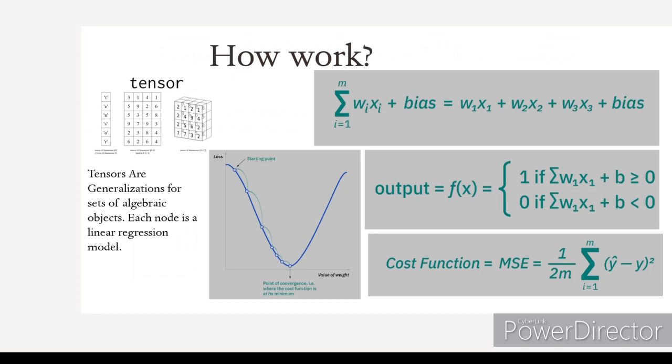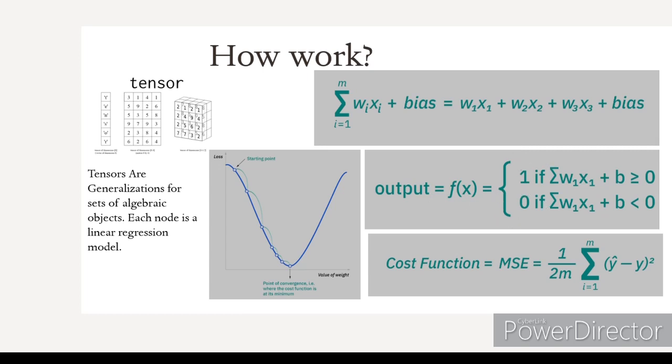So how does this all work? Each individual node is basically its own linear regression model. It's composed of data, weights, and a bias, as you can see right here, that then when it gets summed up, gets formed into an output similar to the Booleans that Tyler described earlier.